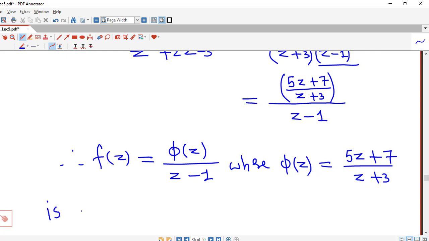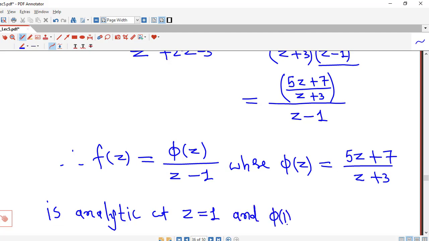So it is analytic at z equal to 1, and the value of phi at z equal to 1 is 5 into 1 plus 7 divided by 1 plus 3, that is 12 divided by 4, which is 3.